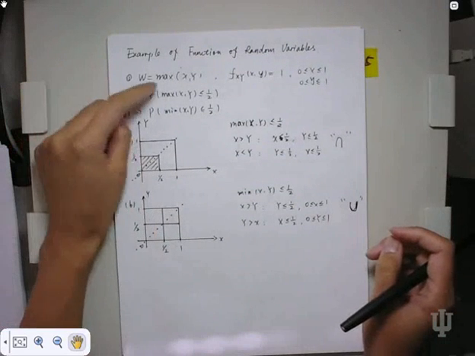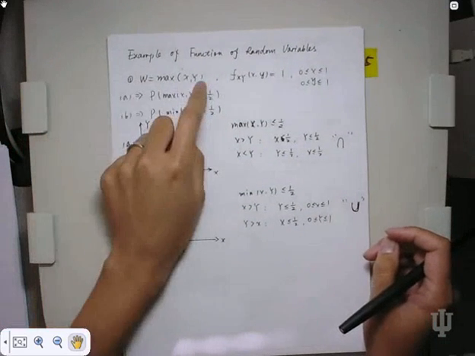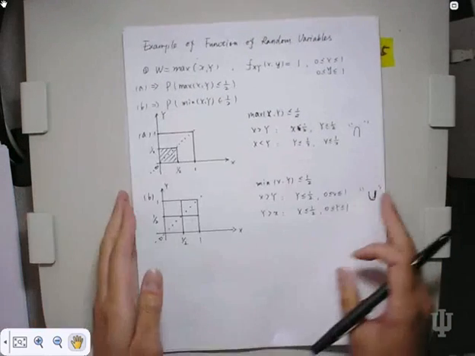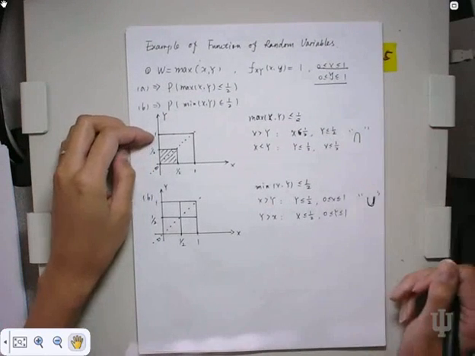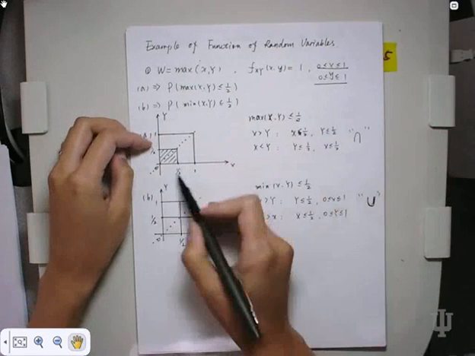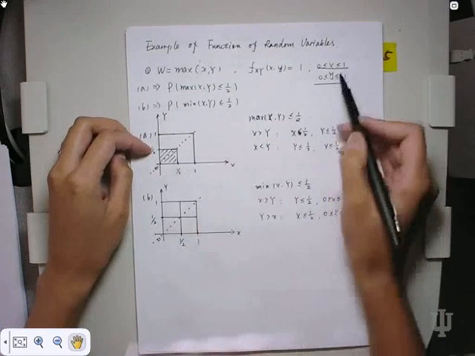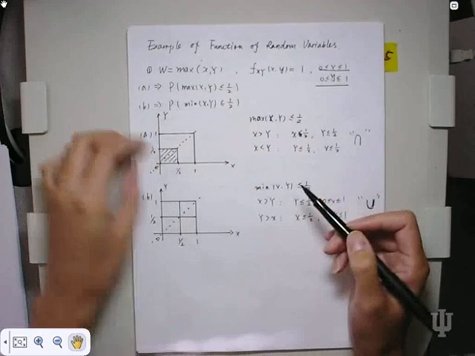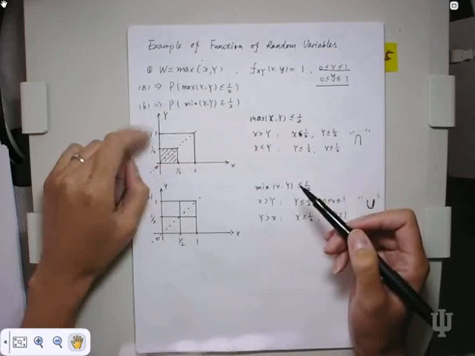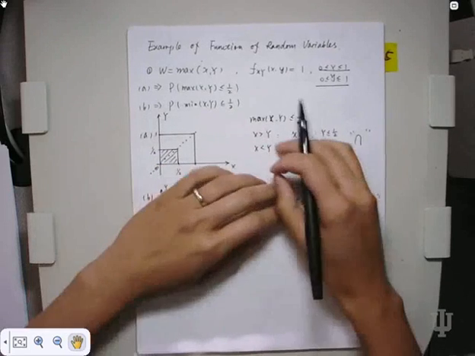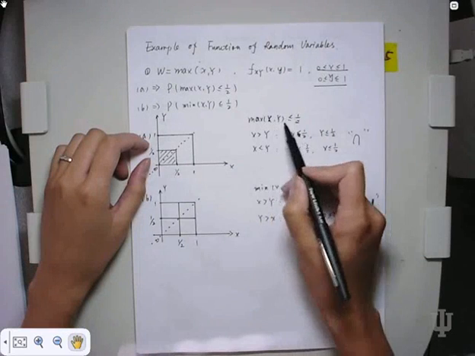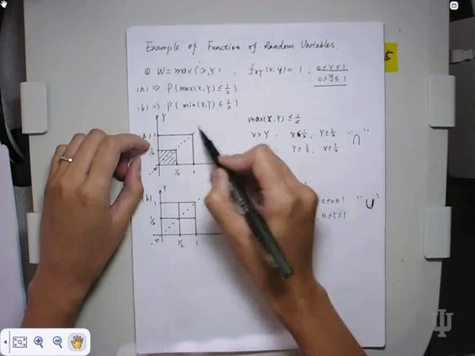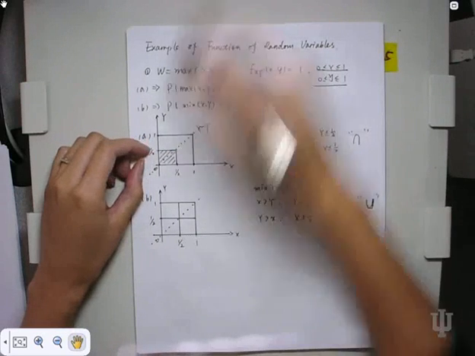So this is the max value of x and y, and you know the possible region for x and y is from 0 to 1 for both x and y. So this case we did yesterday. If you think about the max of x and y, this line is x equals y.